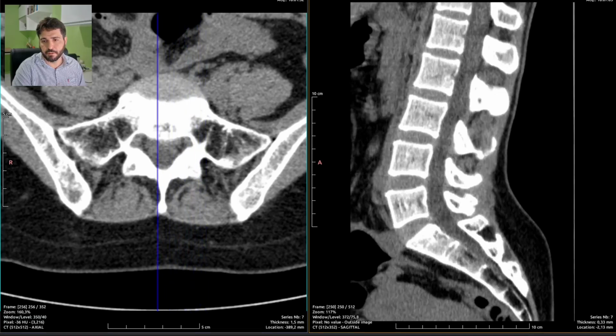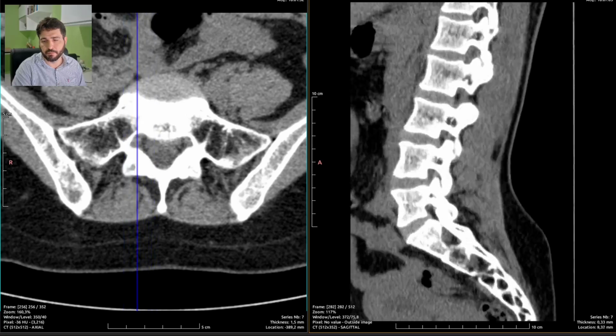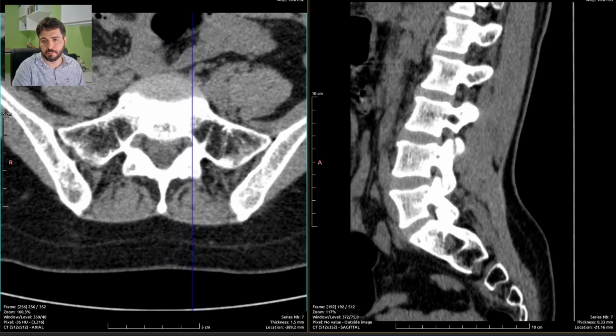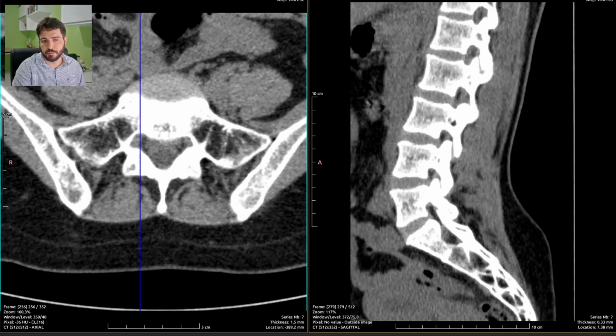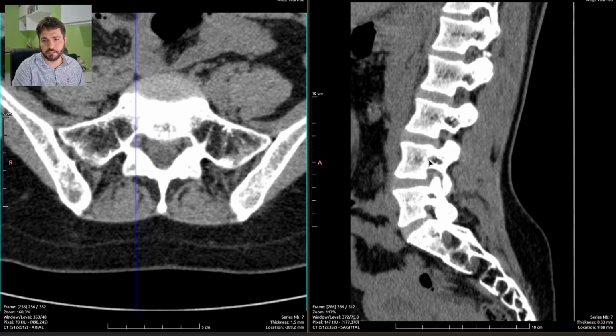Let's see if we can find any signs of neural foramina stenosis. No. Nerves are fine. There is some stenosis right here. This is left. This is right. Right side, L4, L5.